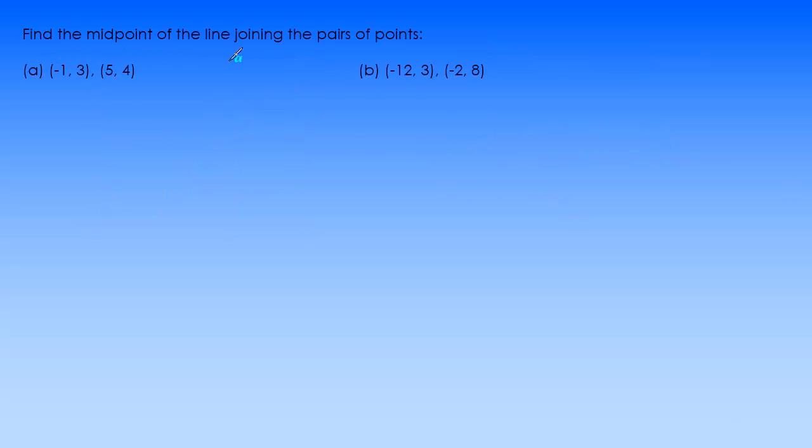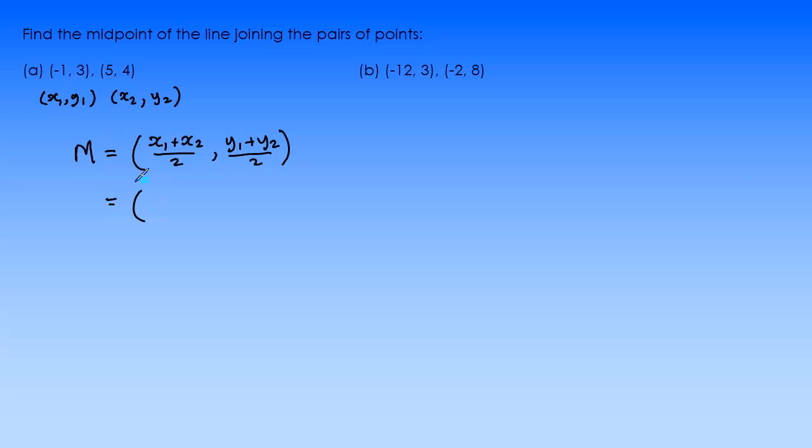So we want to find the midpoint of the line joining the pairs of points. So if we call this one x1 and y1, and this one x2 and y2, then we know the midpoint is x1 plus x2 divided by 2, and y1 plus y2 divided by 2.